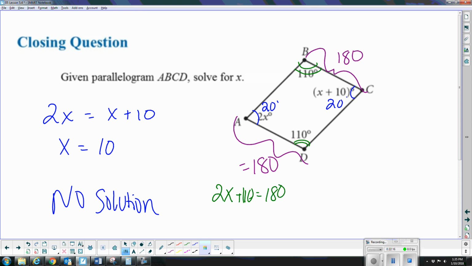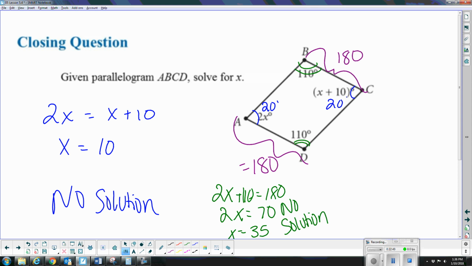And if you did that, you got 2x plus 110 equals 180. So subtract the 110 from both sides. So x has to equal 10. X also has to equal 35. So, no solution.